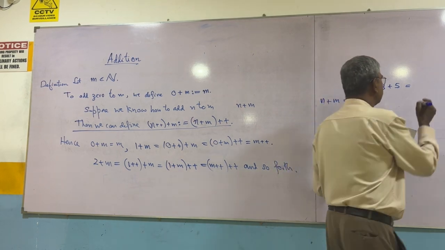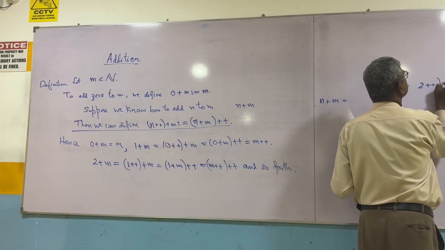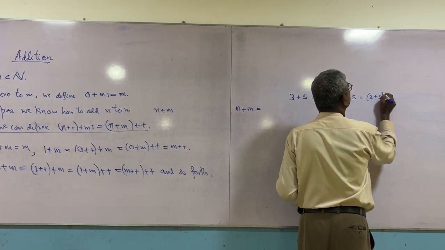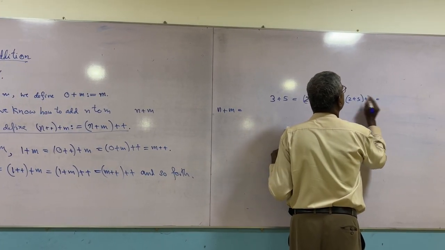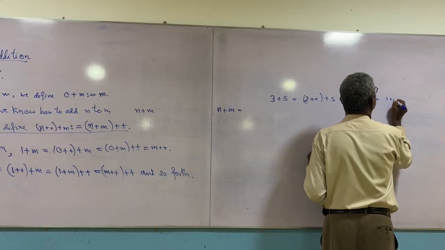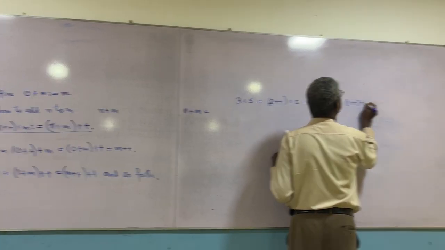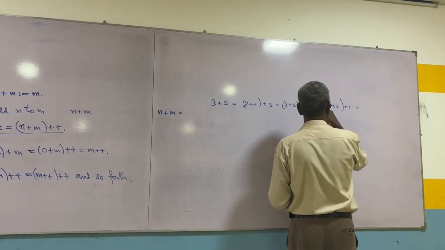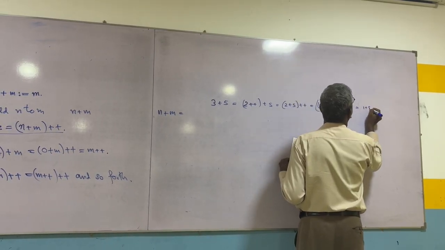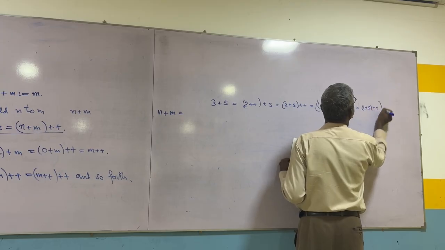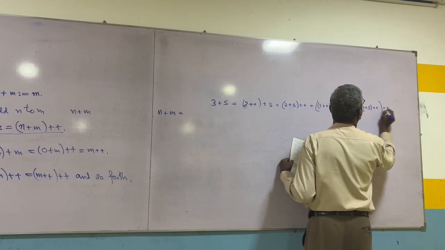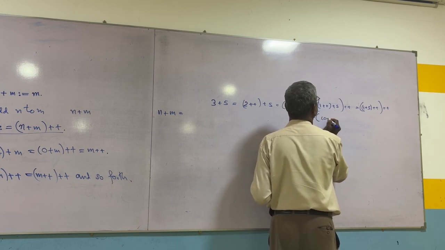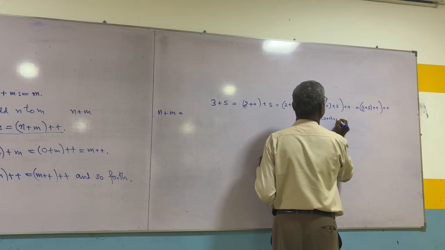No? 3 plus 5 is 2 plus 5 plus plus, then 2 is 1 plus plus, so 1 plus 5 plus plus, then plus plus, and 1 is again 0 plus plus, so 0 plus 5.